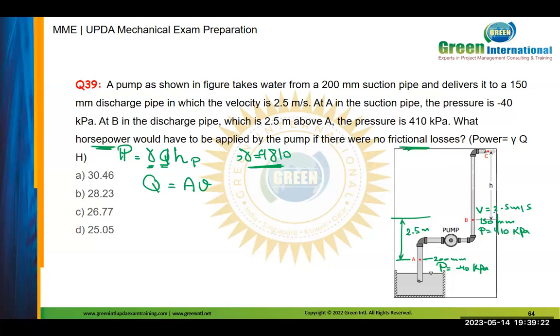I have the velocity for section B, not A. So you can calculate it by section B. Area you have, yes, I know the diameter: pi over 4, diameter 150 millimeter, which is 0.15, square meter. And V is 2.5 meter per second.